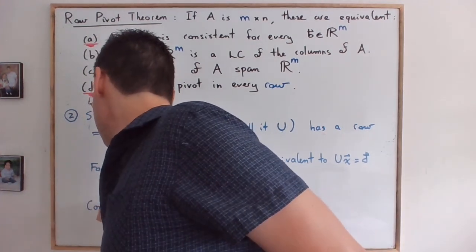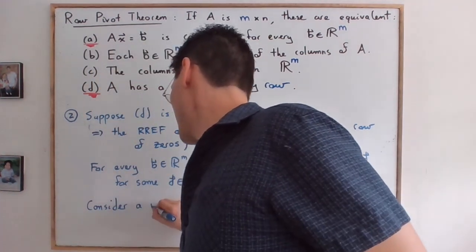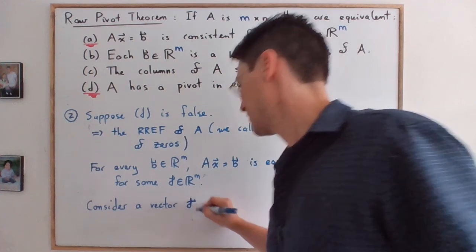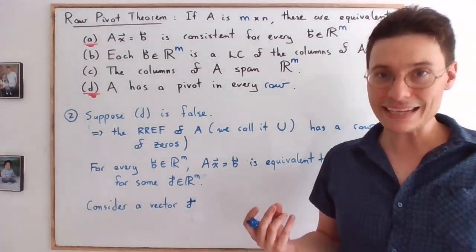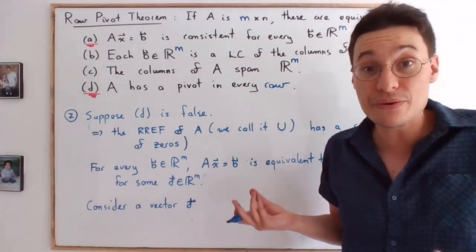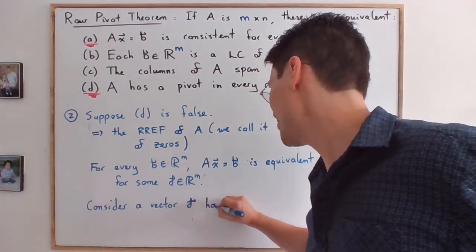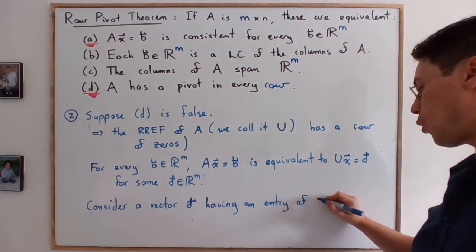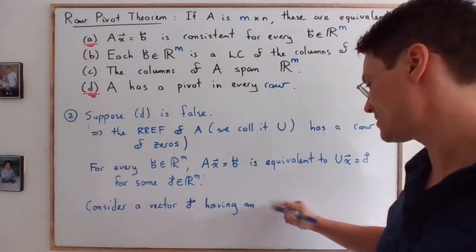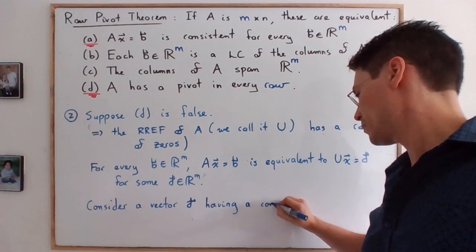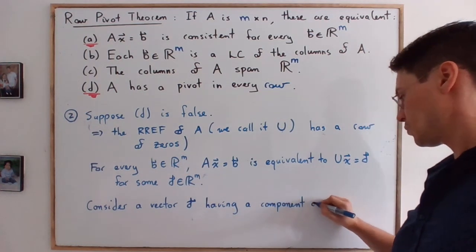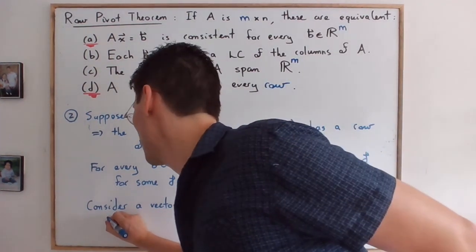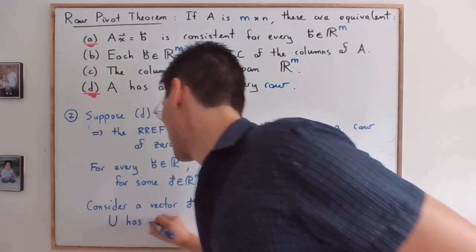Okay, so consider a vector D that has an entry of 1, a component of 1, let's say, exactly where U has a row of 0.